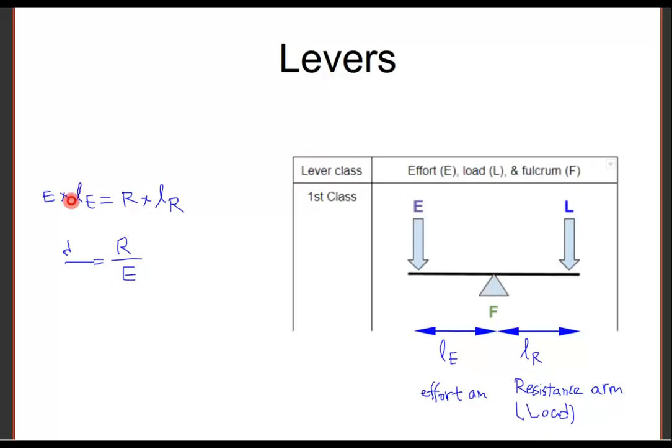It is different from the distance that the effort moves. For example, if this beam moves down here, this will be dE and this will be dr if it turns a bit. So it will be LE, or effort arm, over the resistance arm.